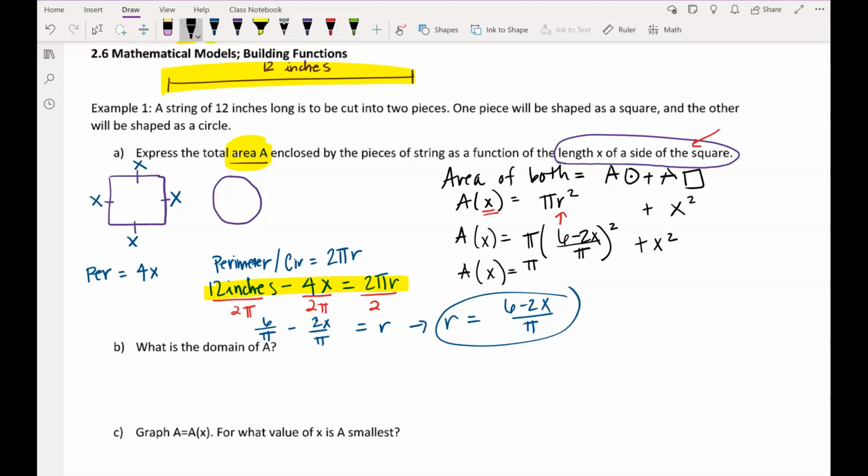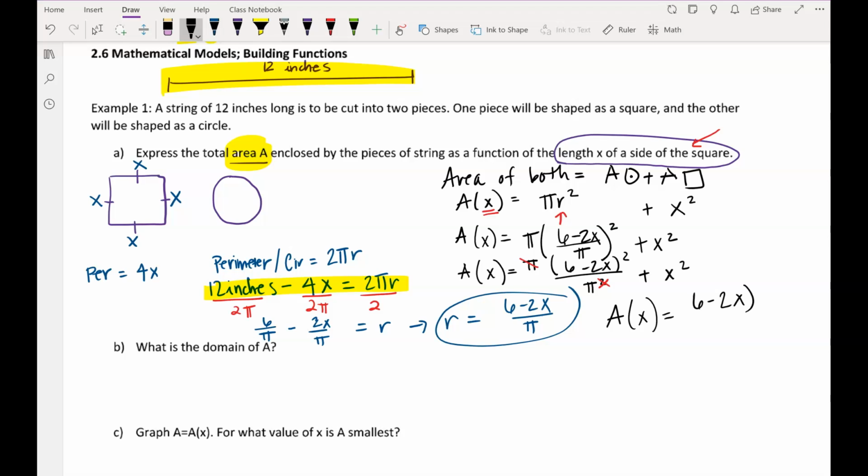So this is a pi here, this is (6 minus 2x) quantity squared, and I'm also going to write pi squared. Remember, when you have a quantity squared, you can break it up into 2 squares, top and bottom. This will allow me to cancel 1 pi on the top and 1 pi on the bottom. So that's your final area of both shapes in terms of x.